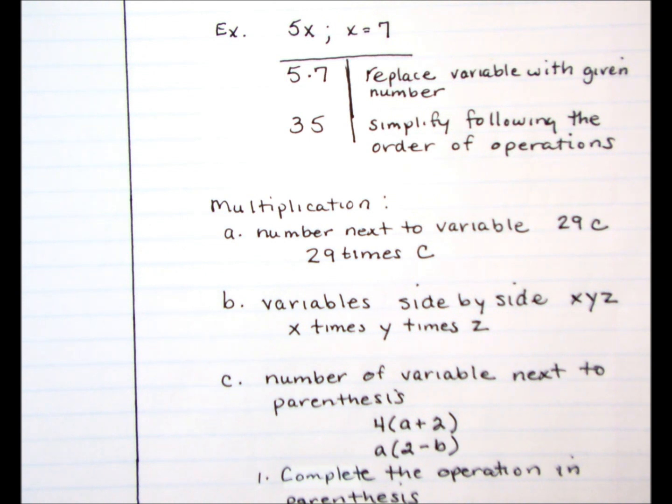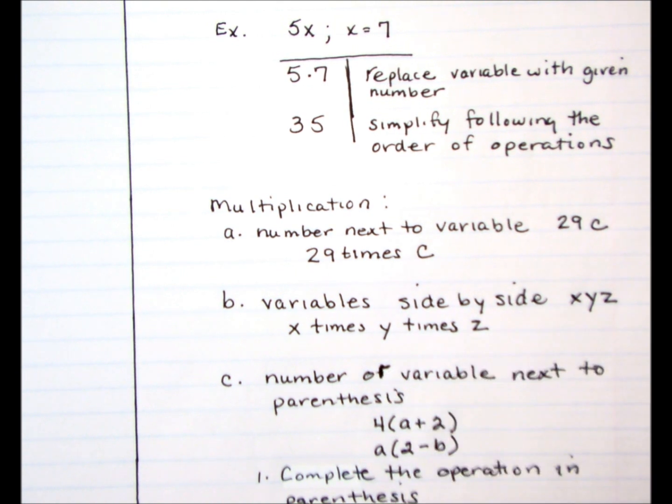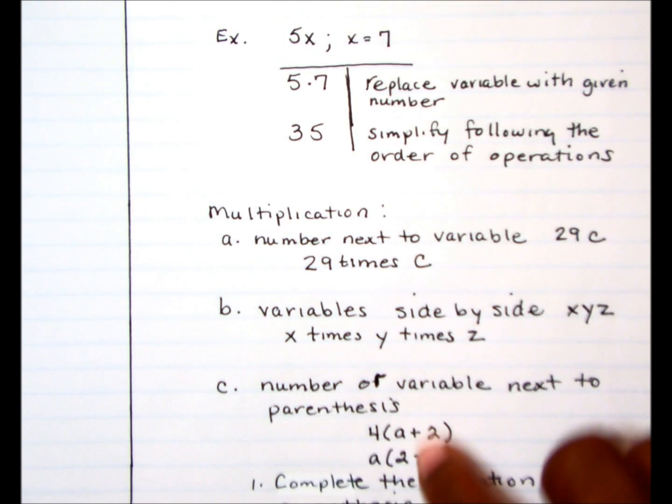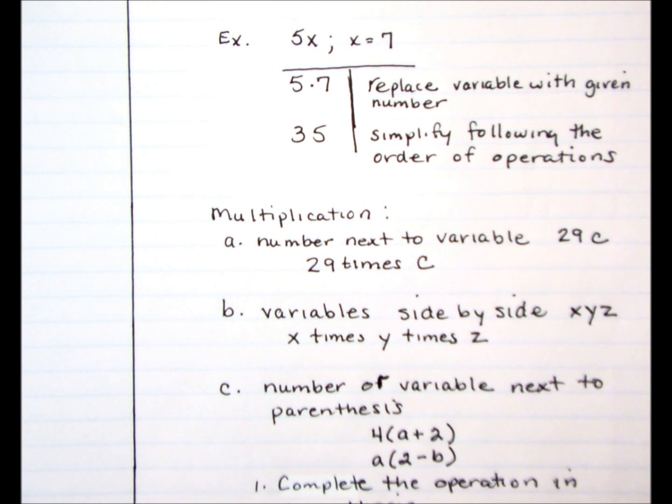And if a number or a variable is next to parentheses, like 4 times a plus 2 or a times 2 minus b, you're going to replace those variables, do what's in parentheses first, and then multiply whatever is in parentheses by the number on the outside.